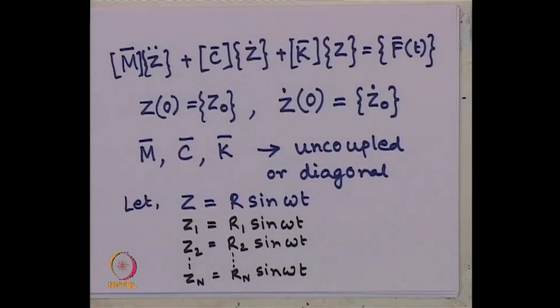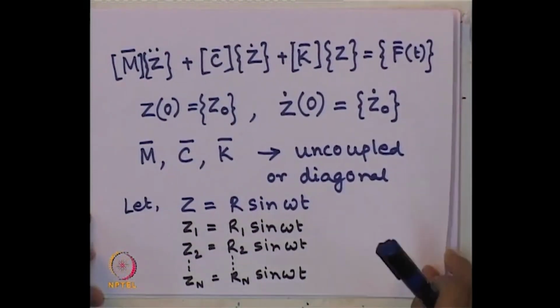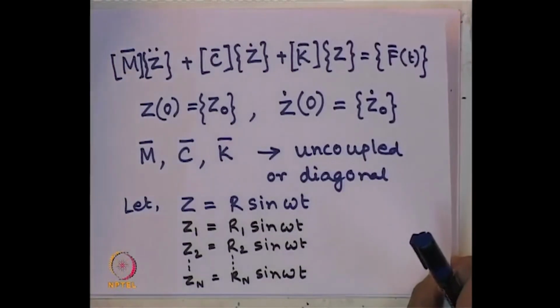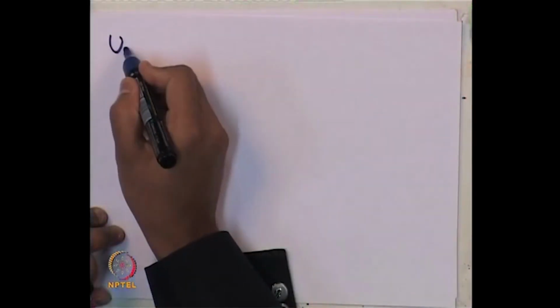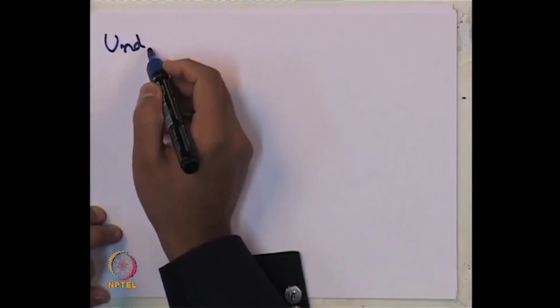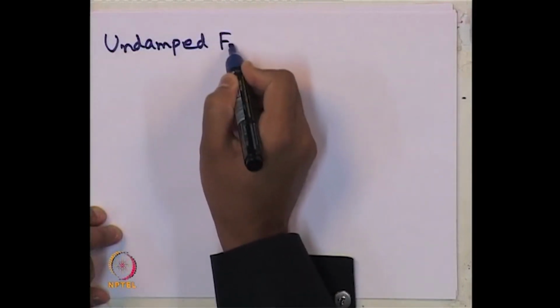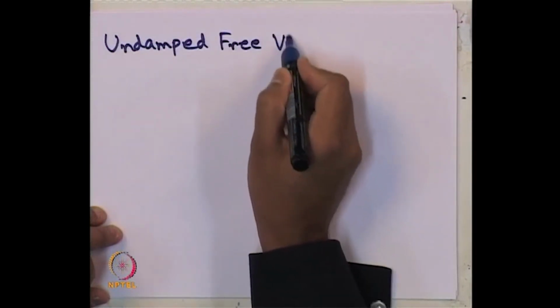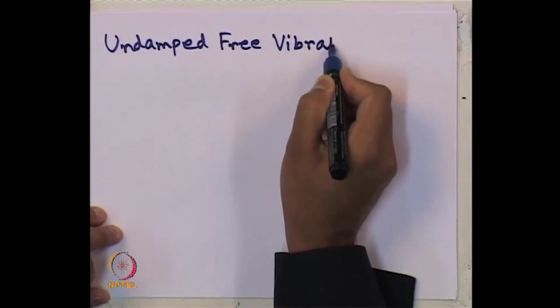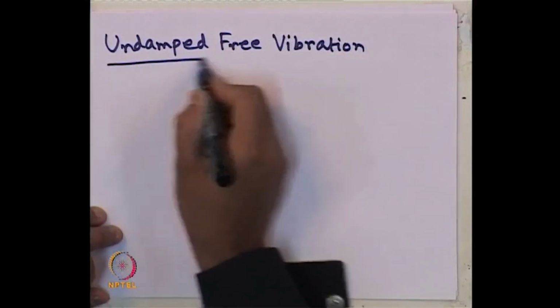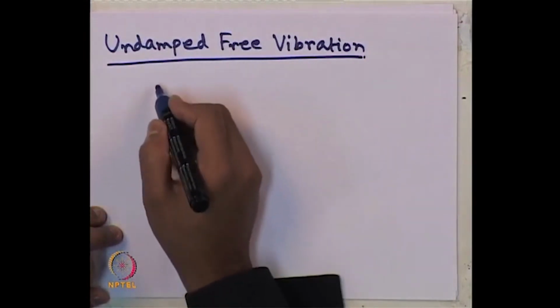Now, let us see for undamped free vibration how we can solve the problem. Let us consider the simplest case, then it can be applied to other cases also. So, for undamped free vibration, we are trying to find the solution.